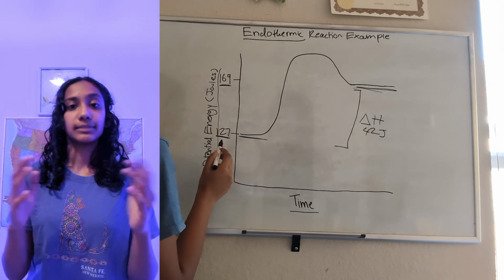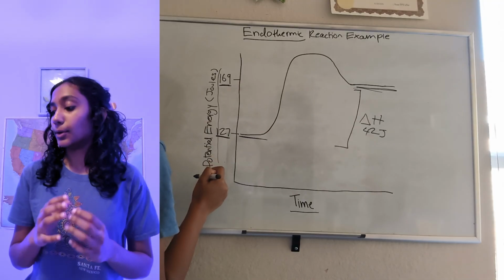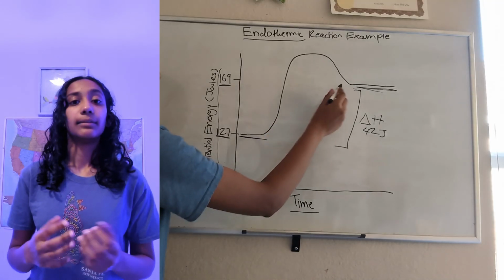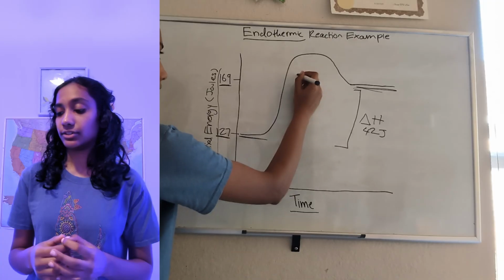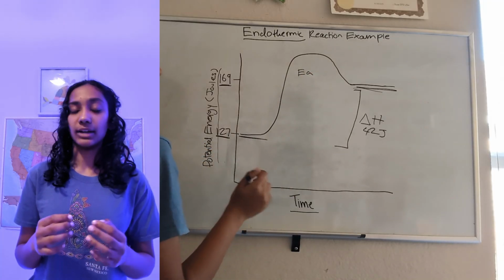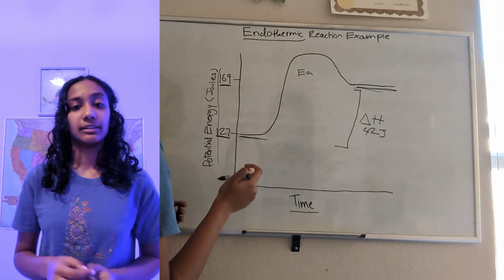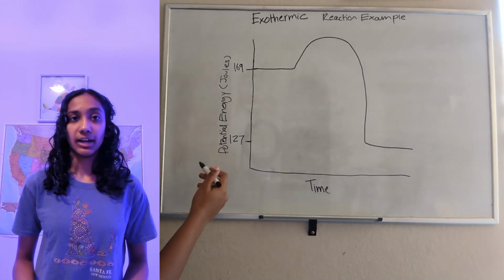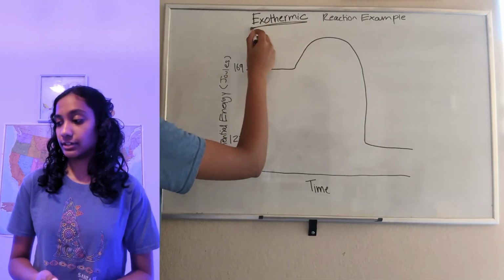The difference between those is 42. But what about this little hump over here? That hump is the activation energy of the reaction, which is the amount of energy required for the reactants to form the products.